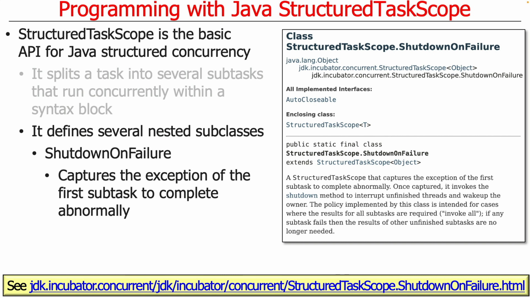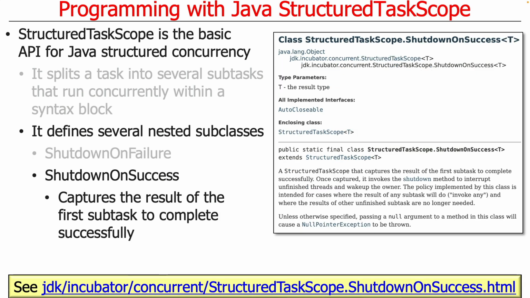So it's kind of invoke all. You want everything invoked. However, if something goes wrong, if one of the subtasks fails, then the whole thing shuts down. And everybody who's still running gets canceled. So it shuts down on failure. When something fails, all the subtasks shut down.